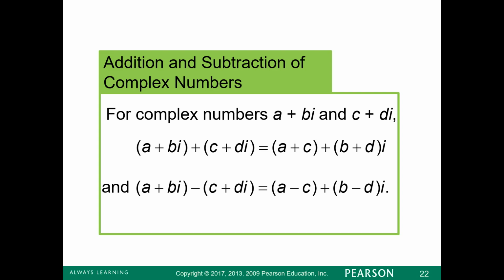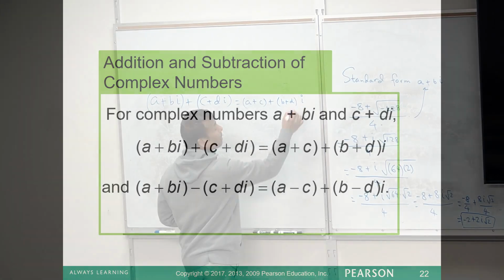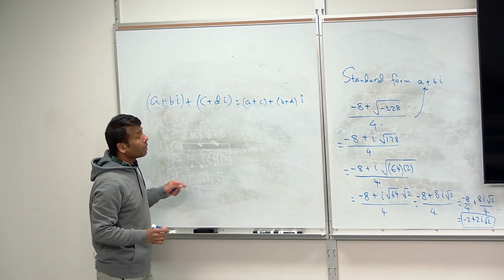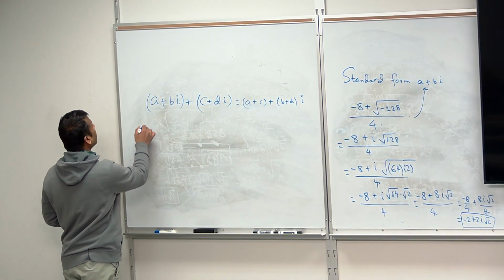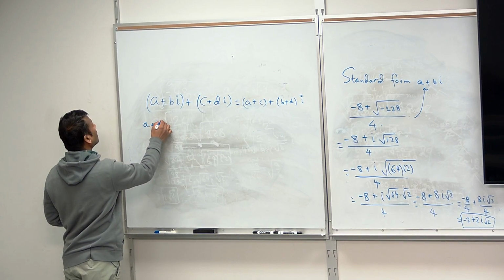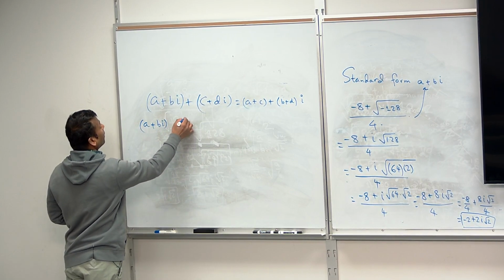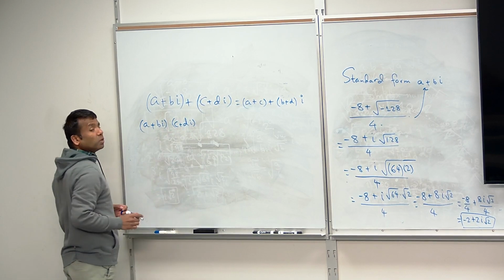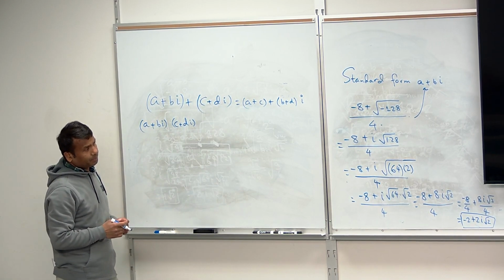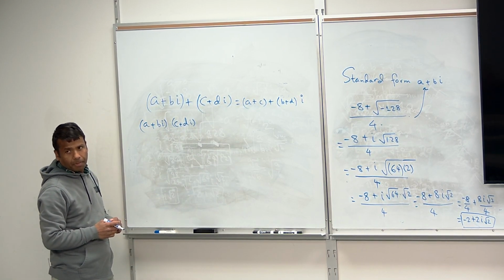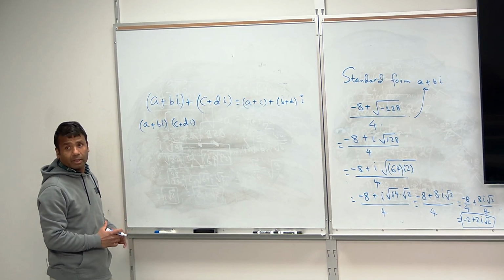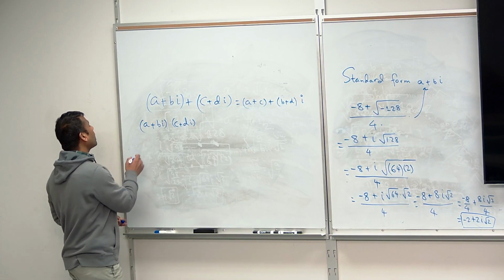Imaginary part, like this. And if you want to multiply this and this, you just use FOIL, and you combine the real part and imaginary part at the end. So use the FOIL. You guys know FOIL, right?